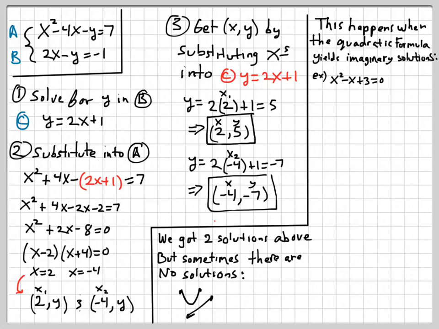Example, let's take a look at this equation. Let's say that instead of getting the quadratic equation that I got previously, that is x squared plus 2x minus 8 is equal to 0, which we were able to factor nicely, we had gotten this other equation, x squared minus x plus 3 equals 0.